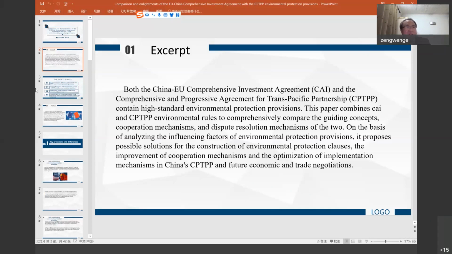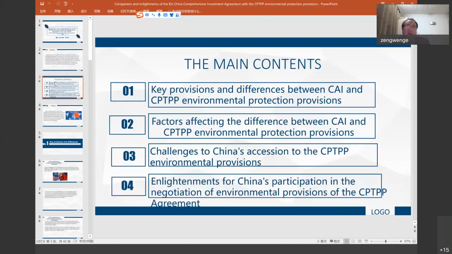This is my topic. I will talk about four questions. One is the key provisions and differences between the CAI and the CPTPP environmental protection provisions. Second is the factors: how they affect the difference between the CAI and the CPTPP environmental protection provisions. The third one is challenges to China's accession to the CPTPP.